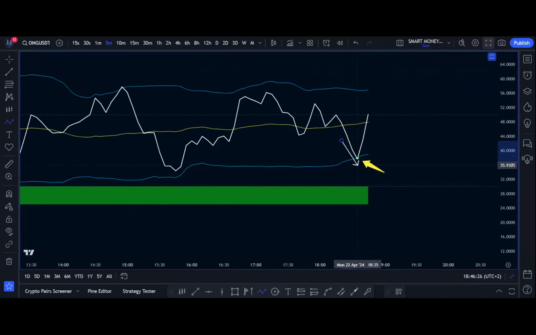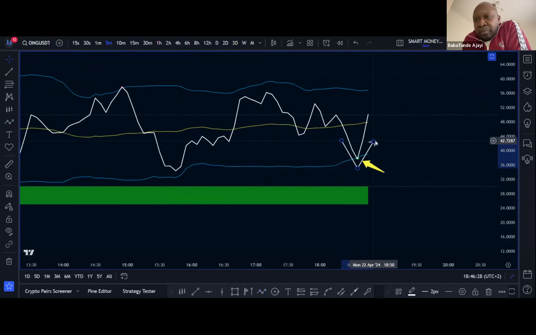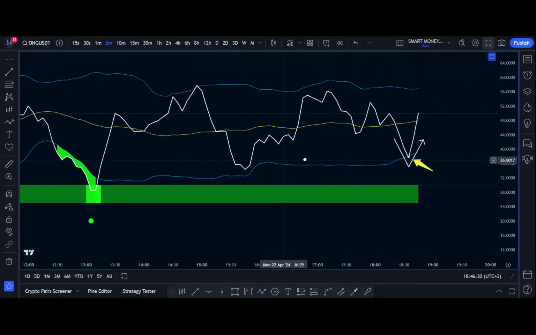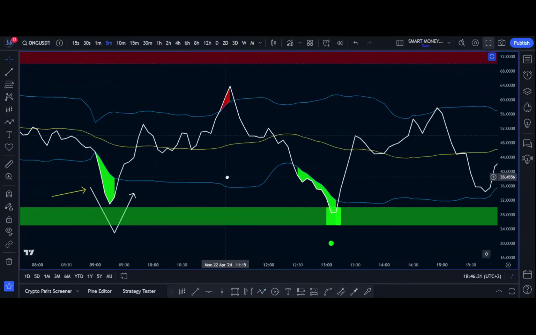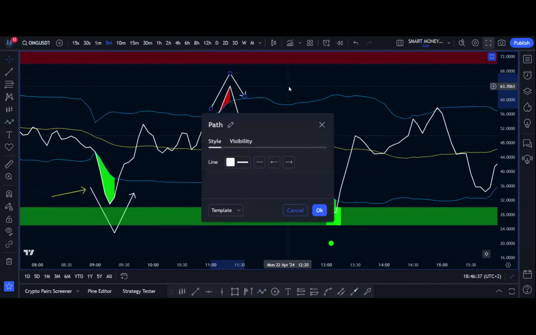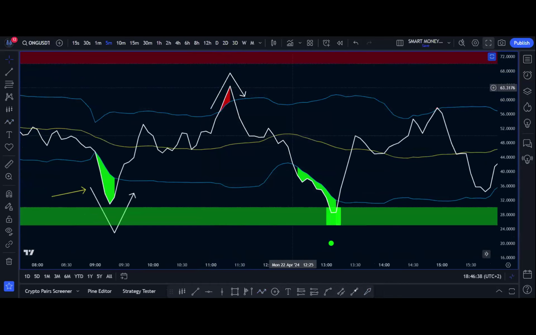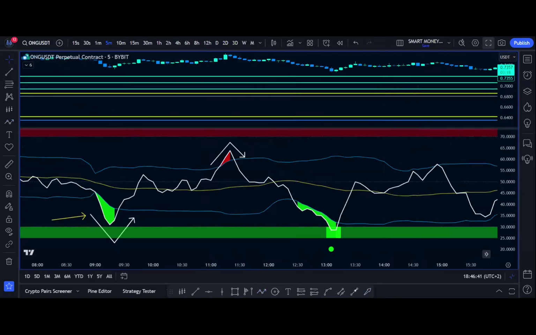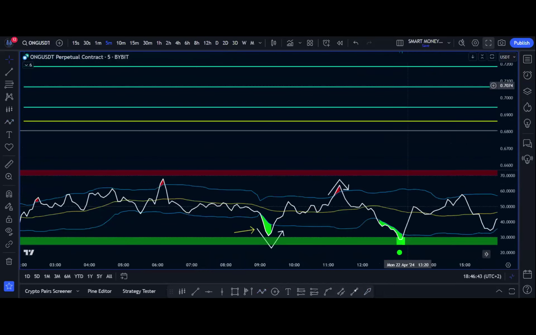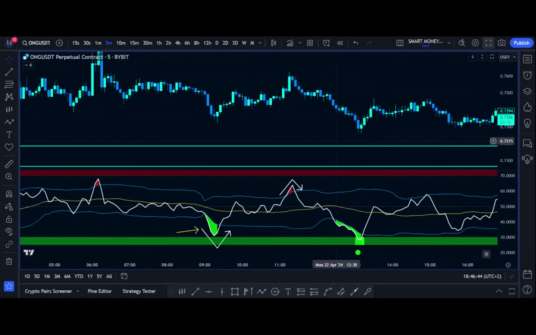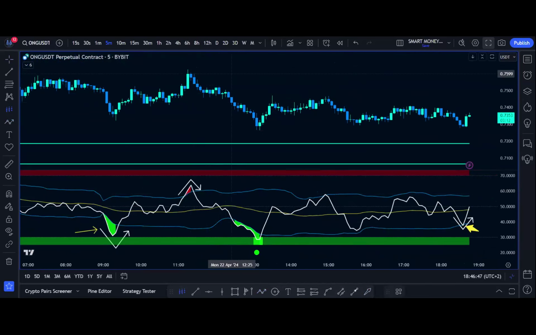Look at this V. That's why it's called a shark fin, because the more it looks like a shark fin, like this one, the better. This is a very good one as well, because it looks very much like a V. If we look at the chart, you'll see that these were very, very good ones, primarily because of the V. Look at the reversal. This was like a 5% reversal.